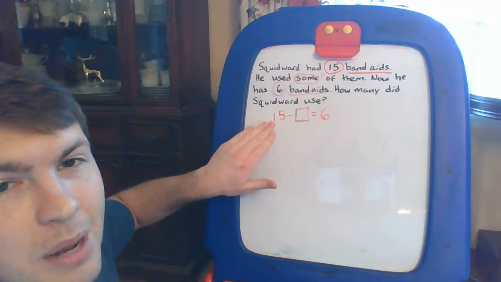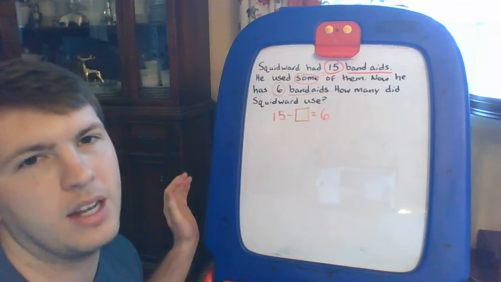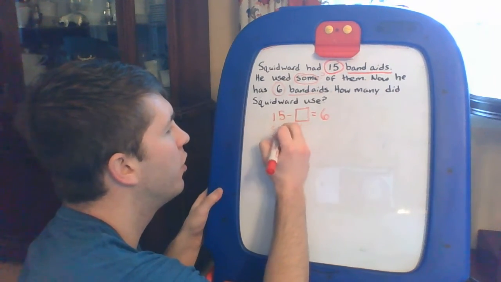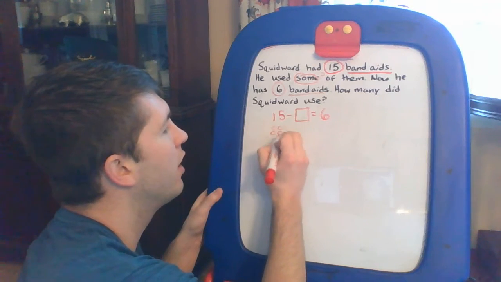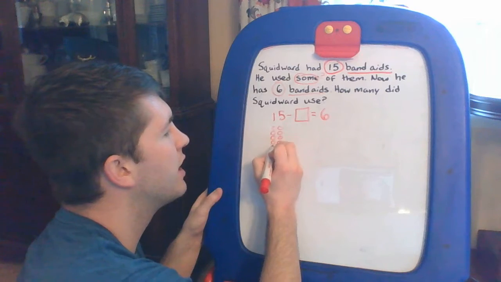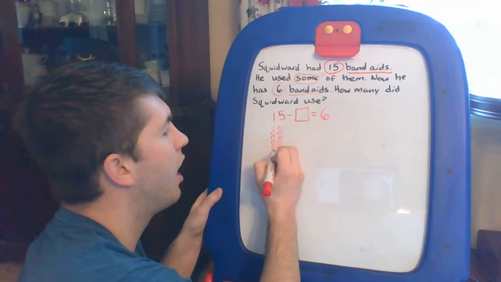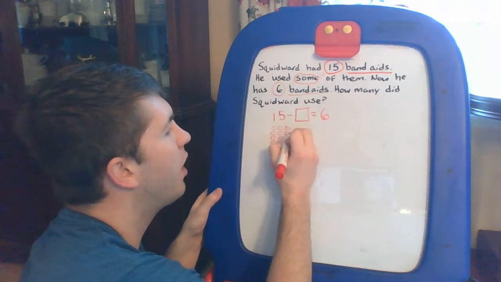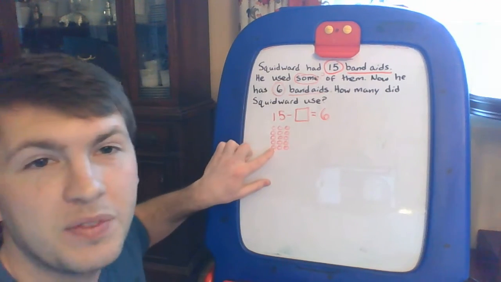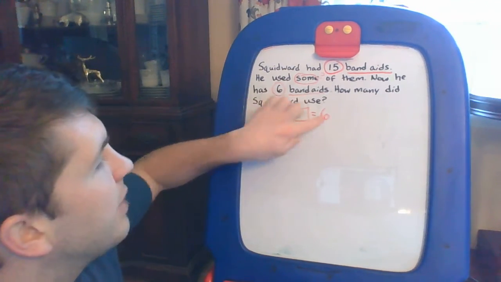So now I know we started with 15. I'm going to go ahead and draw those 15 band-aids. So I have 1, 2, 3, 4, 5, 6, 7, 8, 9, 10, 11, 12, 13, 14, 15. He has 15 band-aids here. We took away some to get to 6.